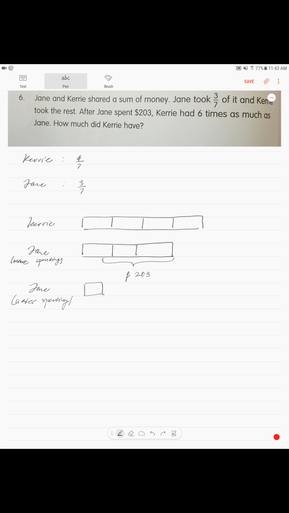But what you need to do is you need to transform your fractions, and you need to transform your units. So as a fraction, your fraction will be 12/21, and Jane will be 9/21. Those are the same fractions.